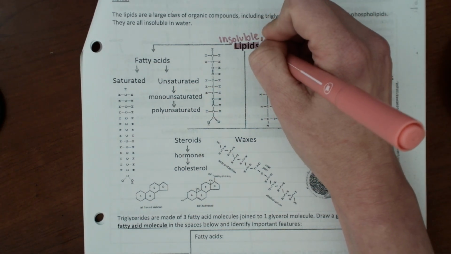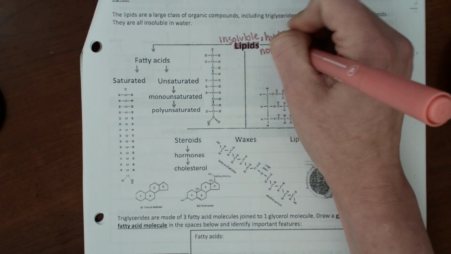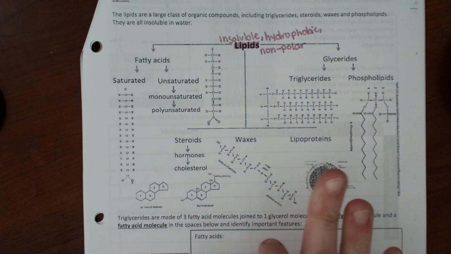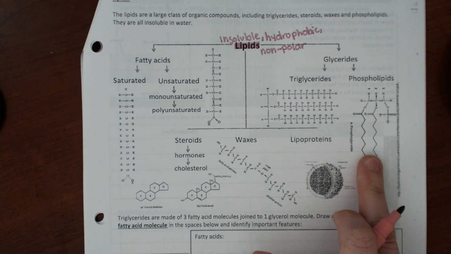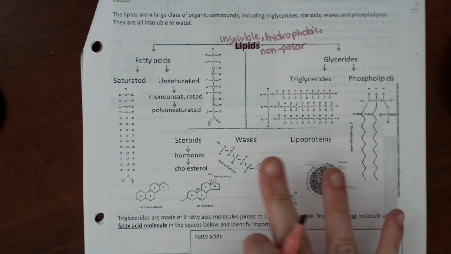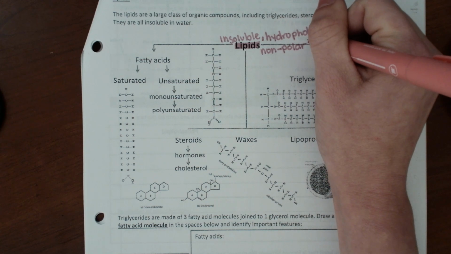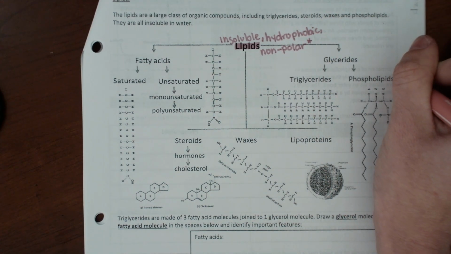And they are nonpolar. There is some exception when we'll talk about phospholipids, but that's an exception to the rule, not the rule. So we'll put a little asterisk, and then we'll put that with phospholipids.